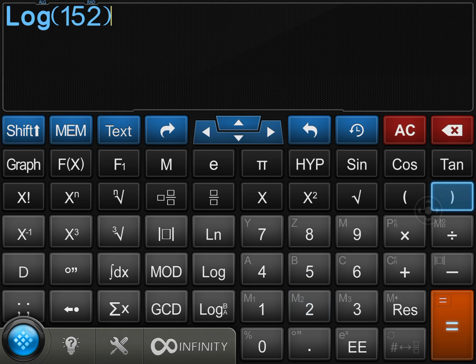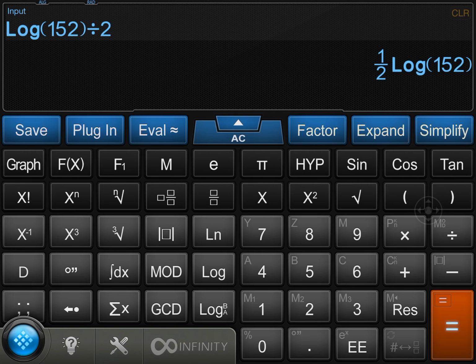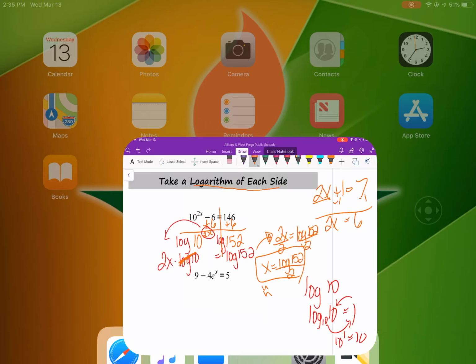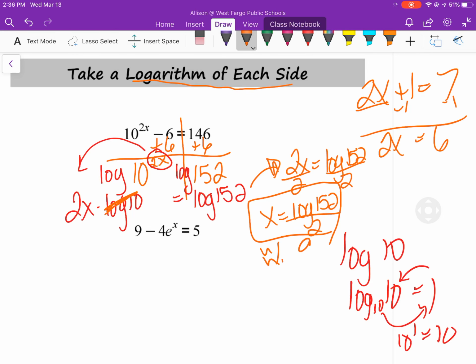So log of 152, close the parenthesis, divided by 2 is approximately equal to 1.09. Typically I'm going to ask for the exact answers, so we're going to leave it as log of 152 over 2.